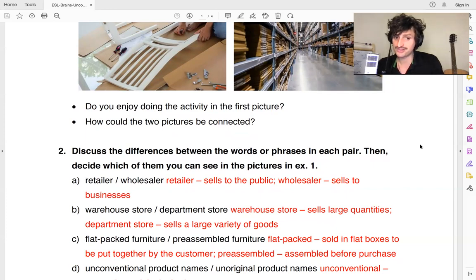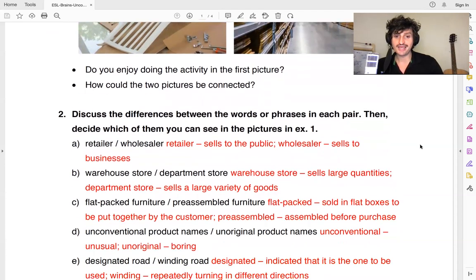And these stores sell a variety of goods. So you have, for example, department stores in the US, like Macy's or JCPenney's. Now we have furniture. Furniture are the things that you put inside your house, like sofas, different shelves.